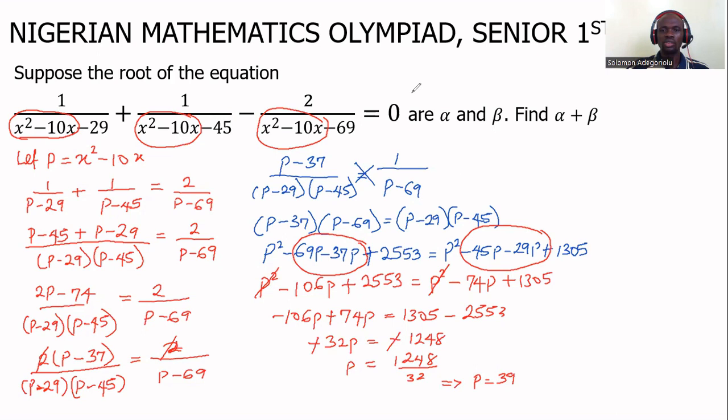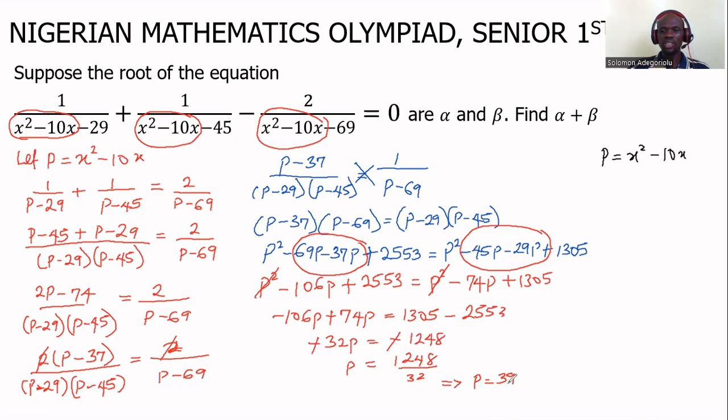Like I said, this is not going to be the end of the whole thing. We need to return the P back to the original value. From the beginning, we said let P equal x squared minus 10x.